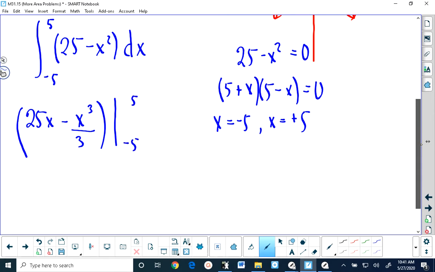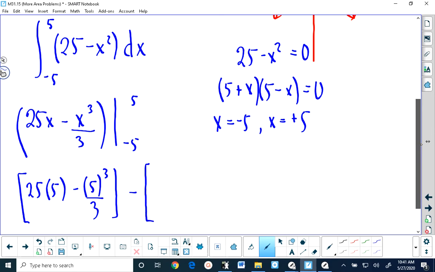And what that involves is putting +5 in for x, and then whatever that gives you, subtracting the result that you get when you put -5 in for x.